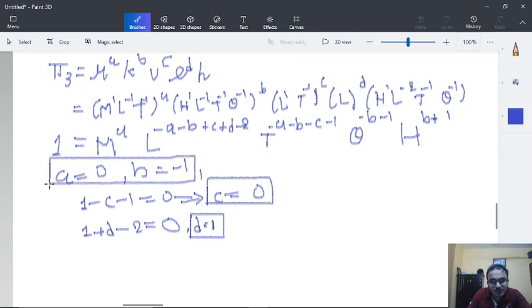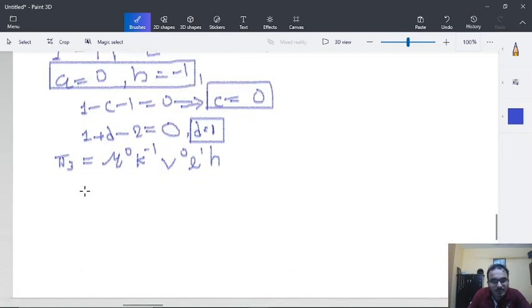So finally we are getting the value of pi 3 equal to mu raised to 0, k raised to minus 1, v raised to 0, L raised to 1 and h. So the pi 3 term is hL by k.